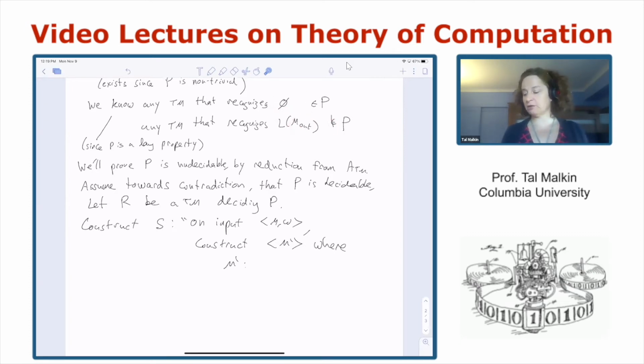So we will engineer it so that the language of M prime will be either the empty set or the language of M out. We don't know what it is, but we have M out, the Turing machine, so we can run it. And which one it is would depend on whether or not M accepts W. So then we will call the decider R on M prime, and we will know which is the case.